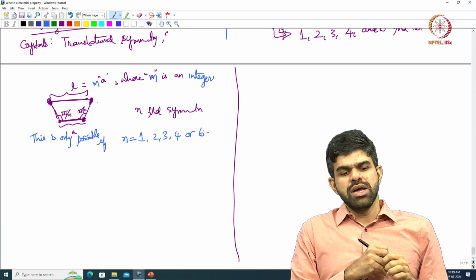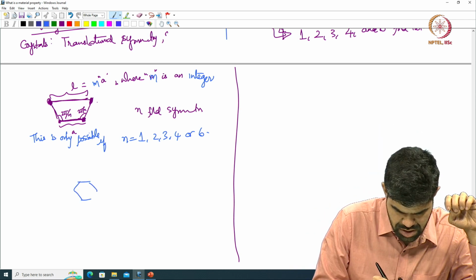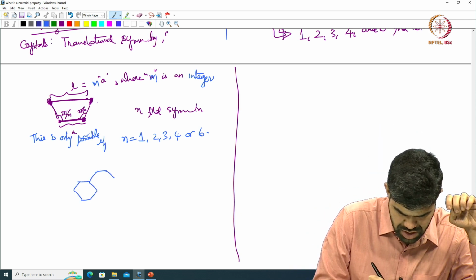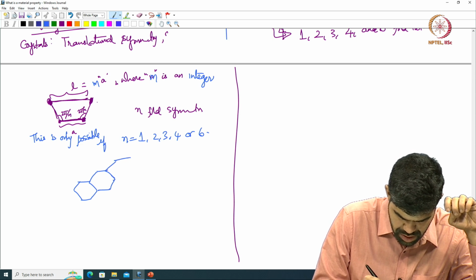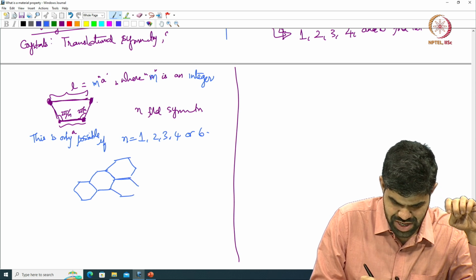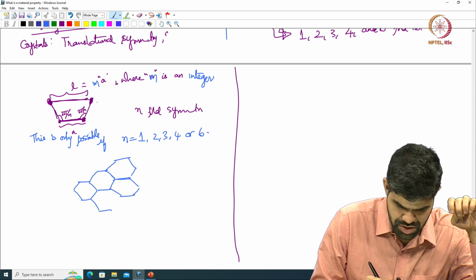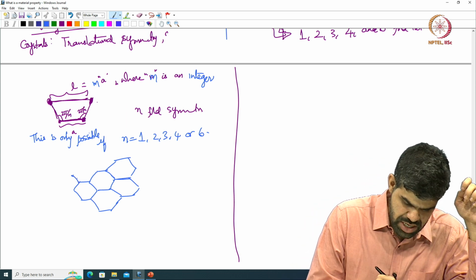Okay. In other words, if I have a hexagon, yes, that is the way to draw it. Go home and look at the structure of graphene, for example, right. You will see that there are all these carbon atoms sitting at the corners of these hexagons.